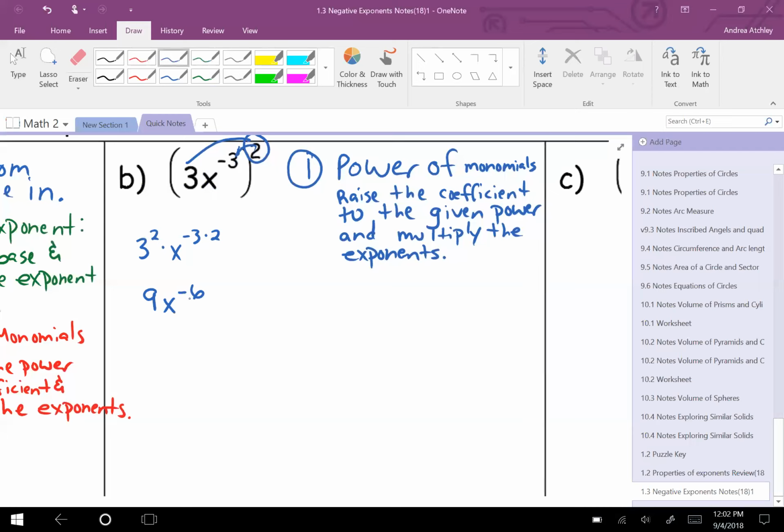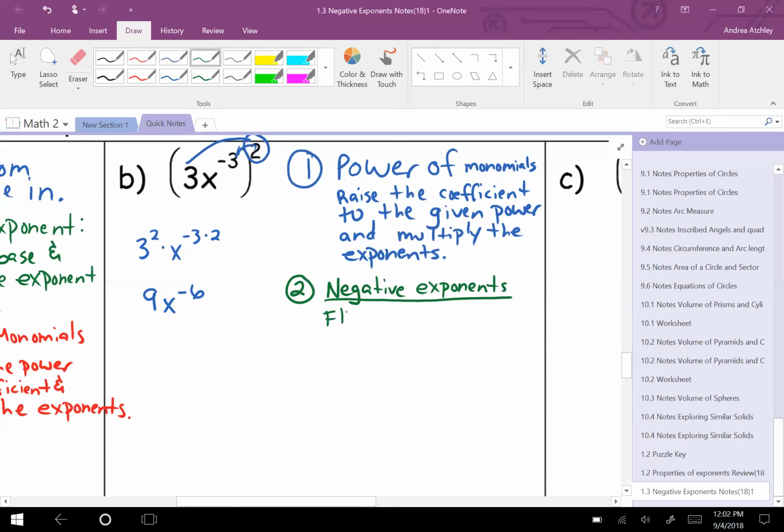Now we can't leave negative exponents in my answer. We have to change that. So now we have to flip it. Now we have to use our rule for negative exponents.